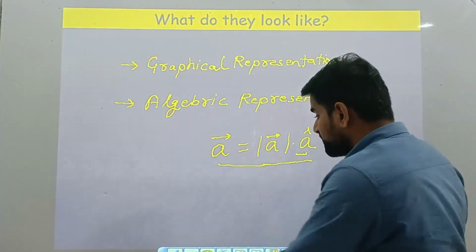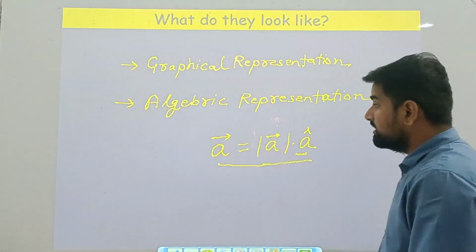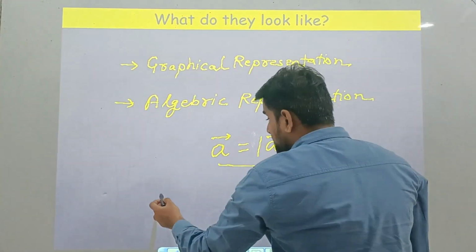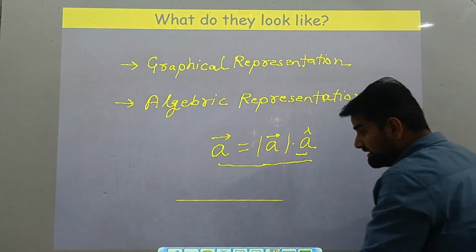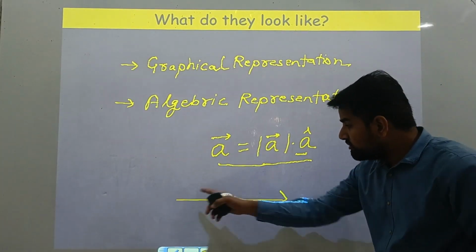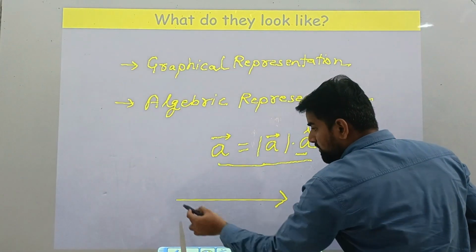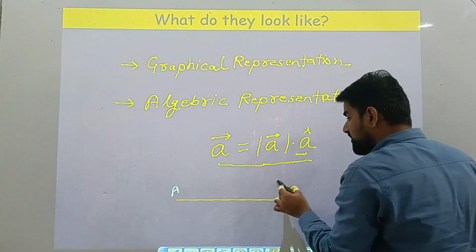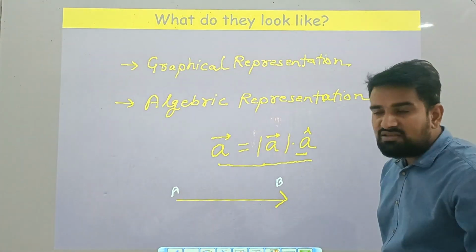So if I want to represent a vector graphically, how do I represent it? Basically you need to draw a line. The length of the line, right? If I mark this point as A, and this point as B, then I can say that from A to B it is the AB vector.